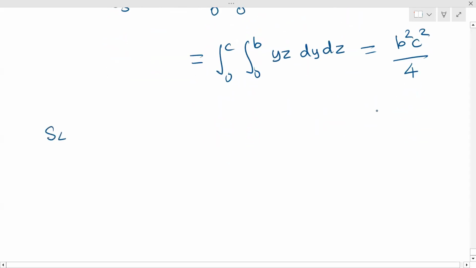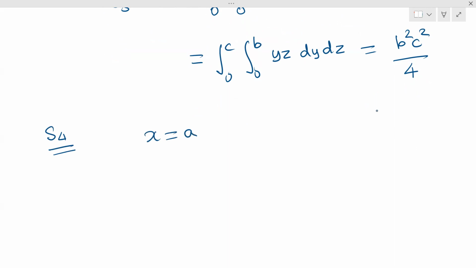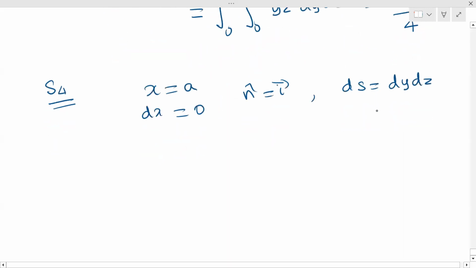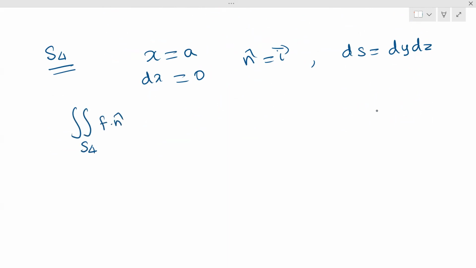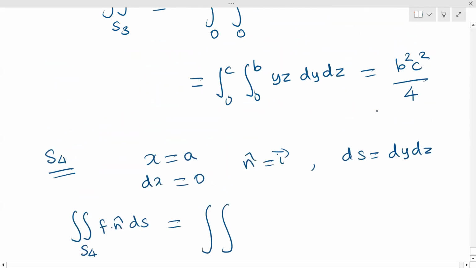Next, for the surface S4. What is the equation? x equal to constant. That is x equal to a, dx equal to 0, and n cap is i, and ds is dy dz. Here also we will get only the i component. What is the i component?